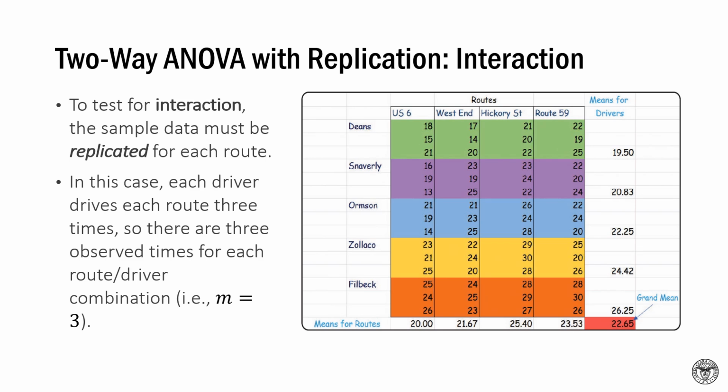This information can provide a deeper understanding of the relationships between the factors and the response variable, allowing for informed decisions based on the experiment result.